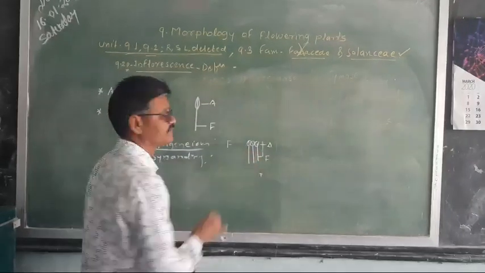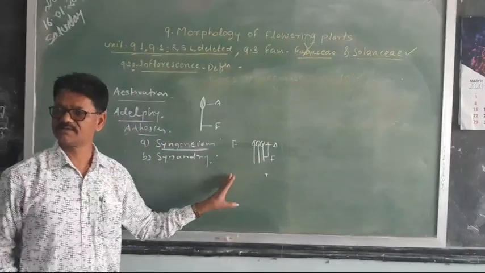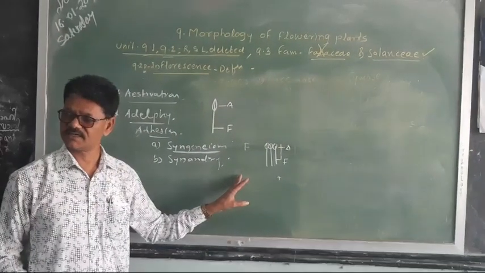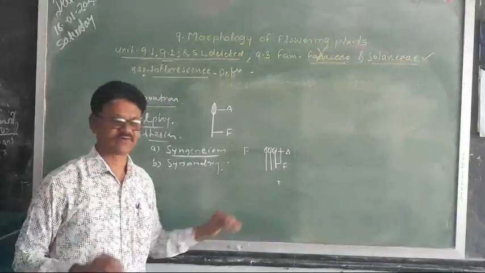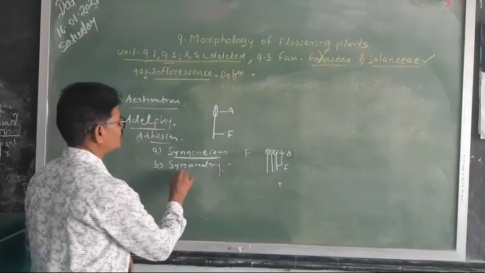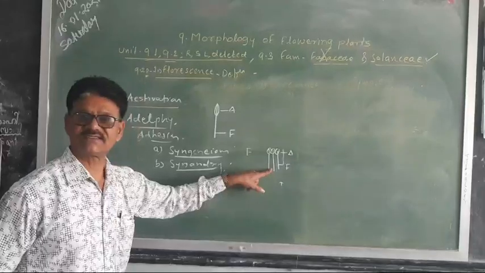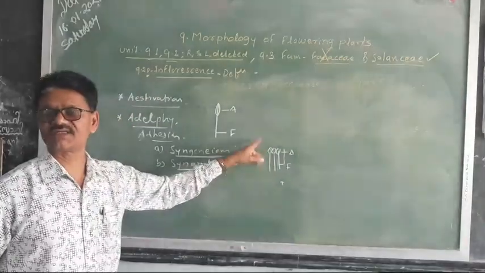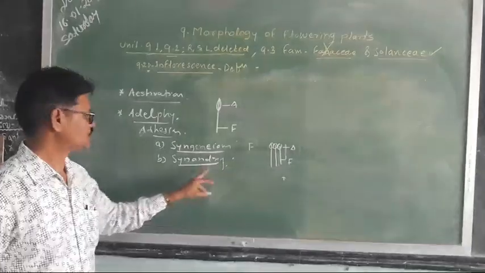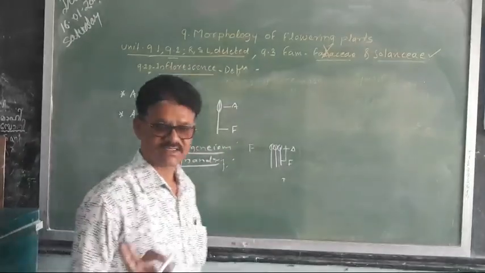These filaments are free from each other. It is the syngenesious condition found in sunflower. While in cucurbita, both filaments and anthers are united. That is called the synandrous condition.